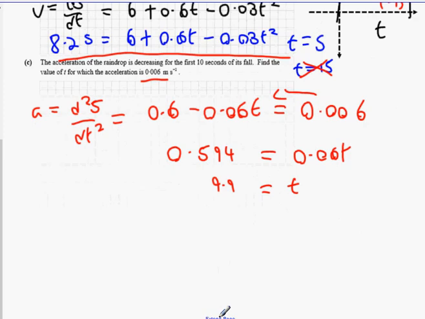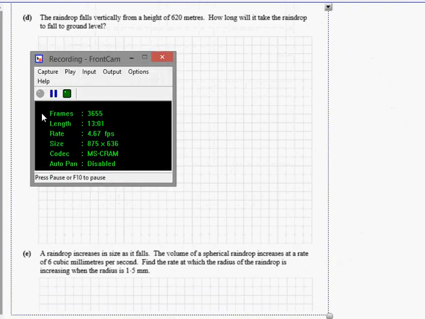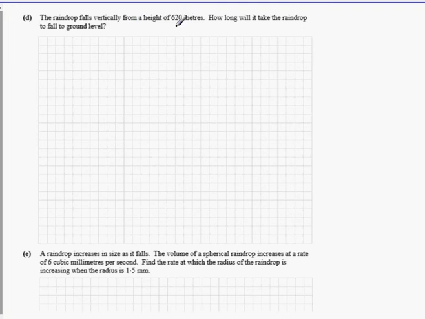Okay. Now, the raindrop falls from a height of 620 meters. How long will it take the raindrop to fall to ground level? Okay. So we already know that t equals 10 is your maximum velocity.